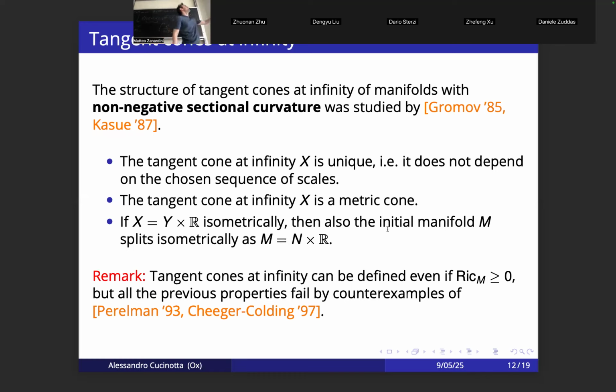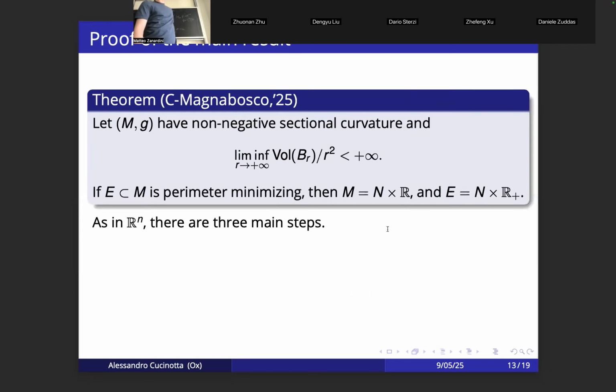But tangent cones at infinity can also be defined under the weaker assumption of non-negative Ricci curvature. But then all these properties fail. The counterexamples can all be found in the paper by Cheeger and Colding. The non-uniqueness was also done by Perelman before. Questions? No, perfect.